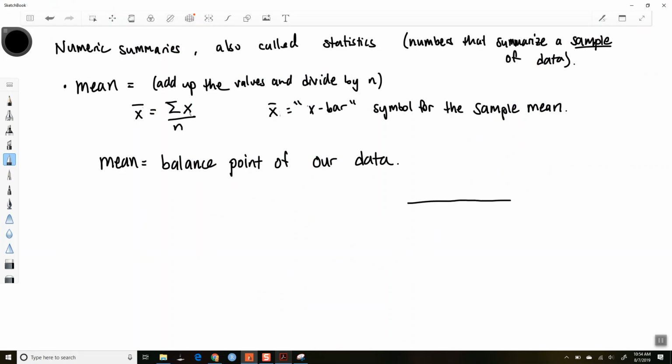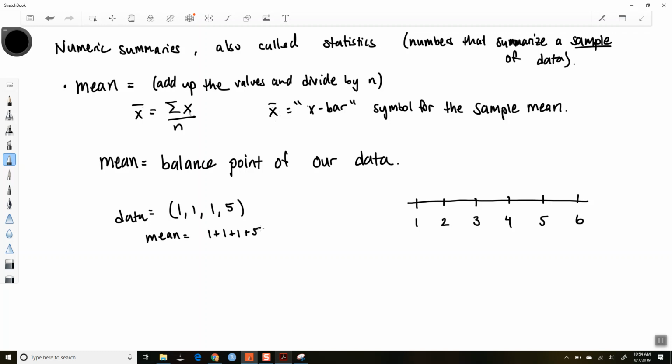So if you have the numbers, let's say our data is equal to 1, 1, 1, and 5. Our mean is what? 1 plus 1 plus 1 plus 5 divided by 4, and we get a 2, right?